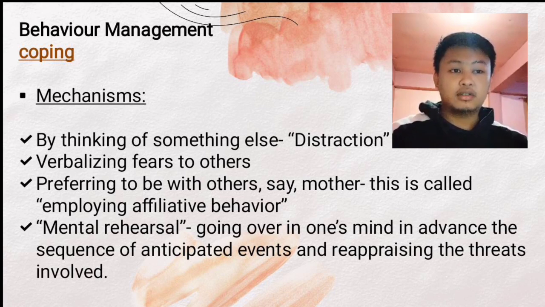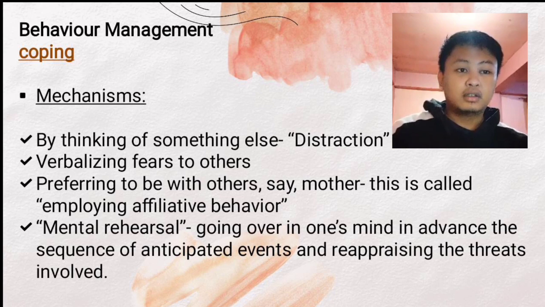Next, under behavior management, we have coping, which comes in various forms of mechanisms. First, we have distraction, which is thinking of something else in order to distract yourself from the present moment or situation. Second, we have verbalization of fears to other people, especially to your support system, since this can help alleviate fears. Third is employing affiliative behavior such as being with your mother.